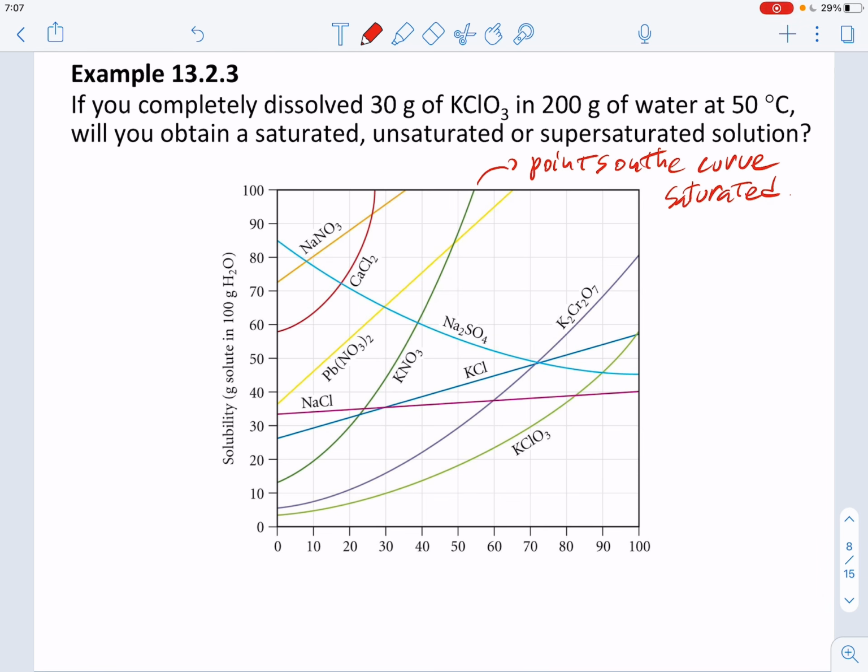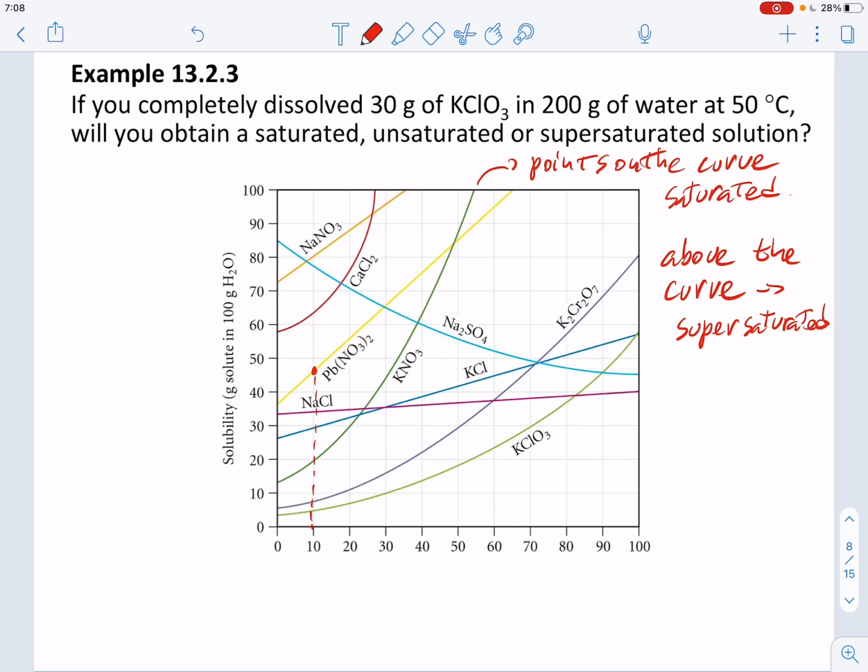Okay? Above the curve, that is supersaturated. Why is it supersaturated? Well, let's take a look at any of these curves. So let's assume that we are going with the potassium nitrate. Okay, let's say we are at 10 degrees.